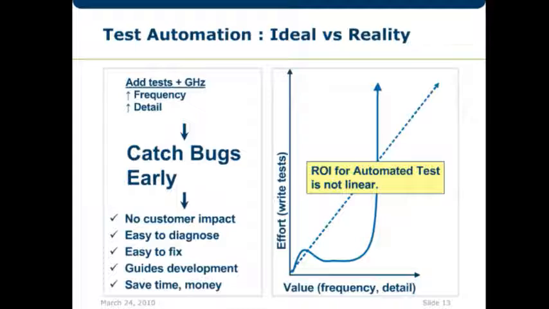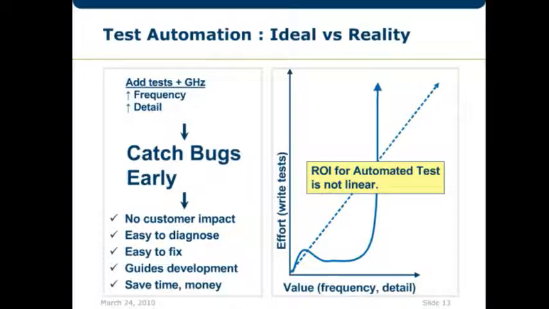We know that that's not reality, right? So even though this section is entitled, What Do I Wish I Could Do?, I know enough to know that I'm never going to have 100%. I would love to say I'm just going to increase the frequency and the detail, and I'm going to catch more bugs earlier, and no customer will ever be impacted, and everything's going to be easy. Real world, the return on investment for automated tests is not quite that linear, that as you put in more effort, you get more value.